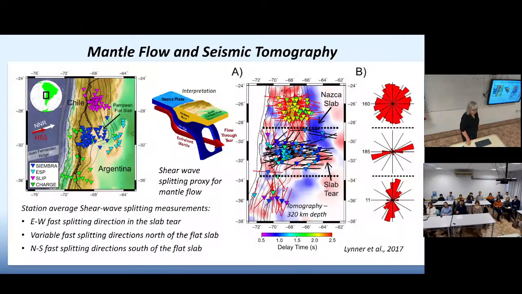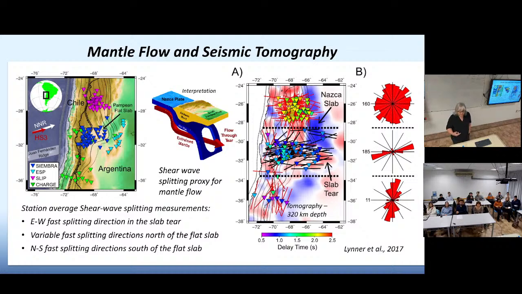And then what became even more interesting is we wanted to know if mantle was flowing through it. But how do you measure mantle flow? It's always tricky, right? Well, in this part of the mantle, there's a lot of olivine. And the olivine lines up, if you've had mineralogy, there's a fast direction and a slow direction in the crystal of olivine.